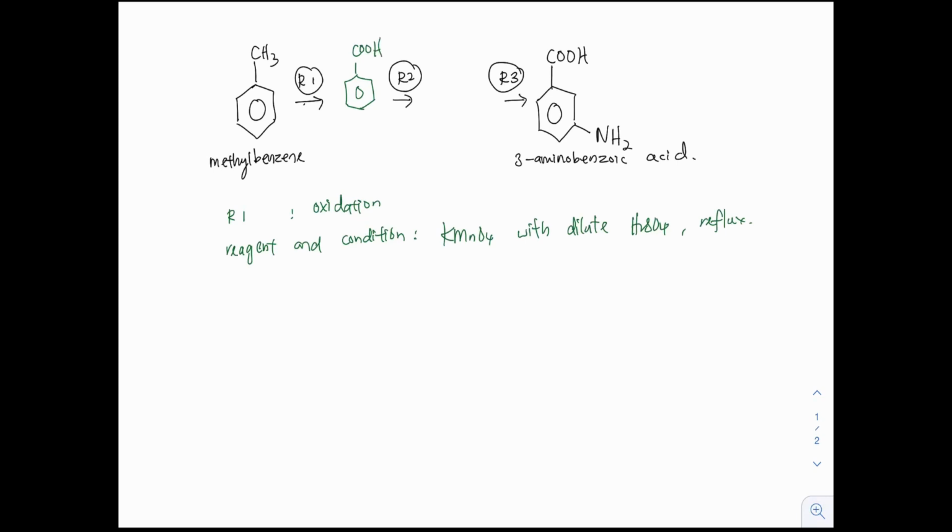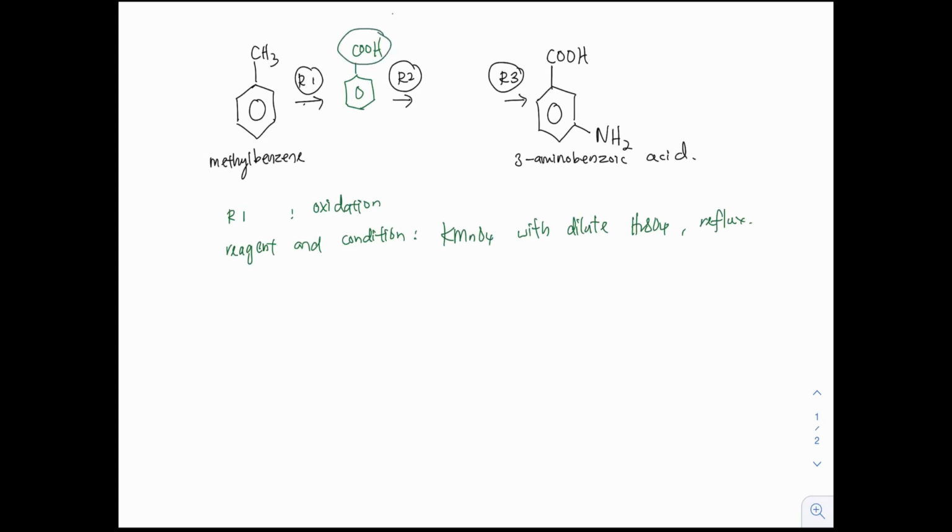Next thing we have to consider is whether it is possible for us to get a side chain to this position so that it will eventually convert to NH2. The answer is yes. We could substitute an NO2 over here.